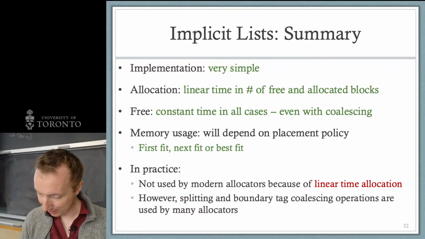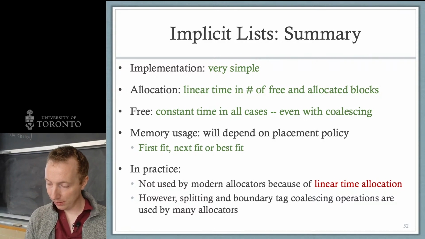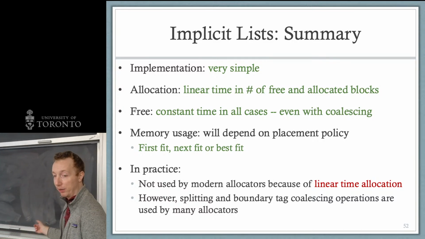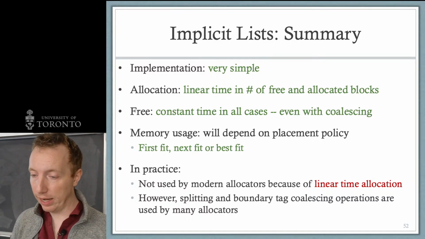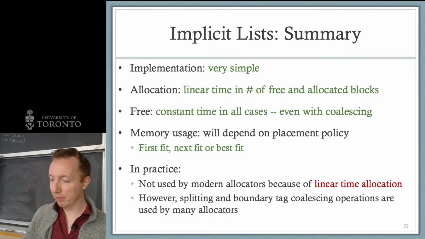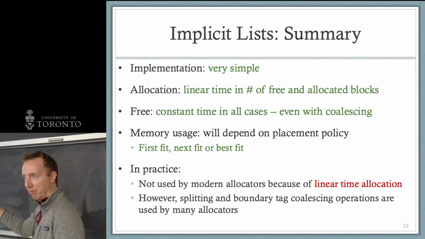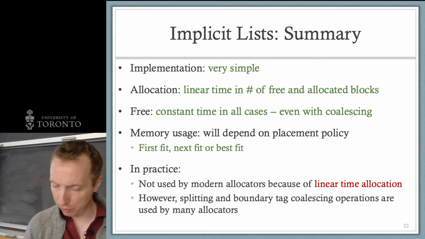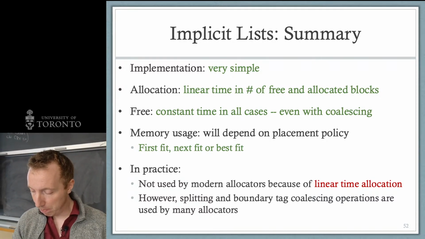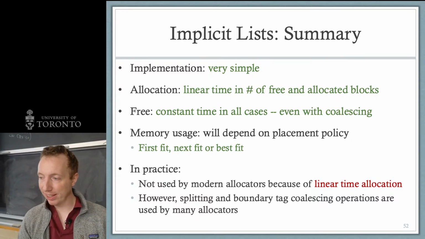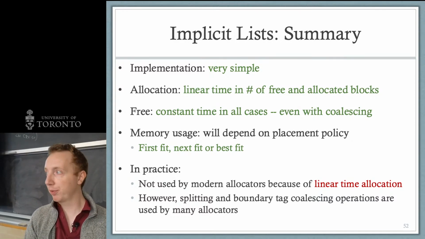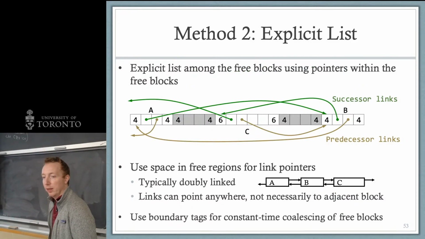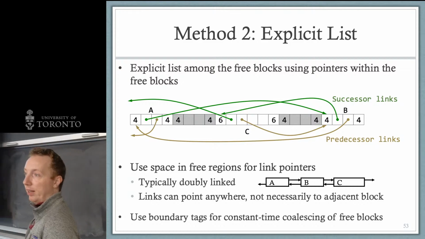In practice, you're not going to use it because of linear time allocations, and it also depends on the number of allocated blocks, which is really bad. Splitting and coalescing are used by other allocators, so it's a good thing to know. But this implicit list, I mean, it works, but it's not going to be the greatest thing on the planet.